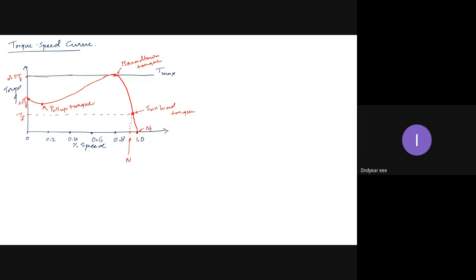It's called pull-up torque. And this torque is known as locked rotor torque.